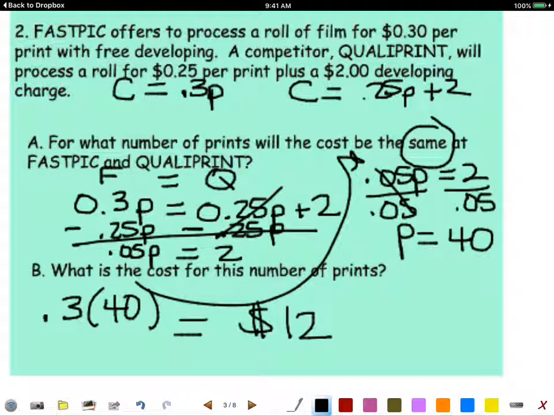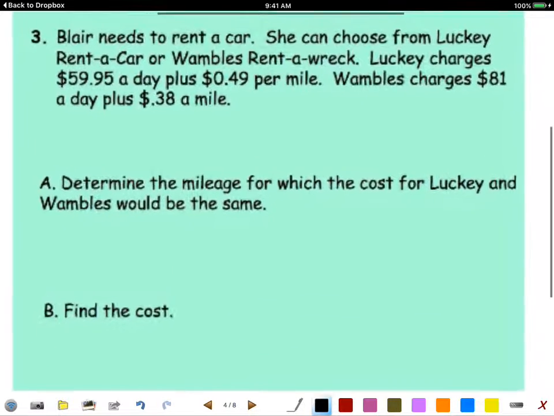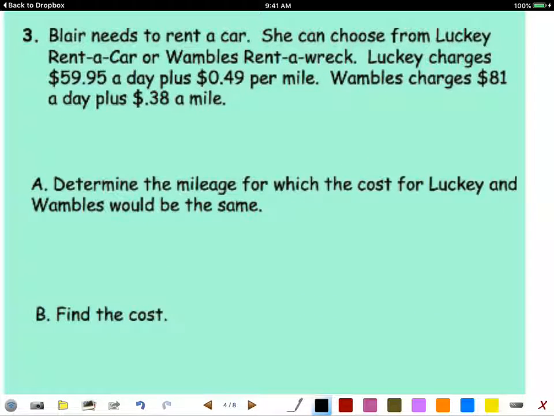We took this, if cost is 0.3p, then we put the 0.3p over here into this equation is what we did. Do you see that? So we still set up two equations. We just set them equal to each other. Okay? That's one method. That's the method you would use for that particular problem because of the word same. When you see the word same, you're going to set them equal to each other.